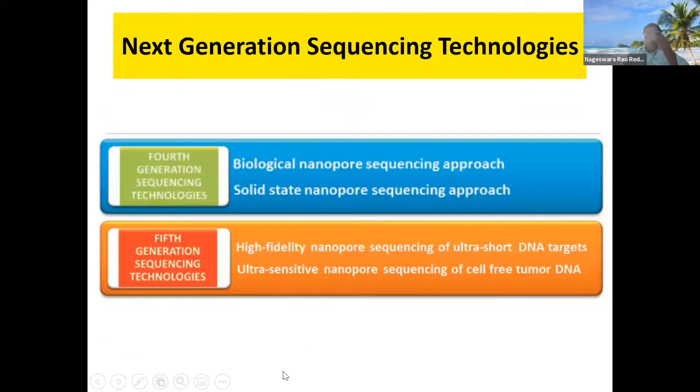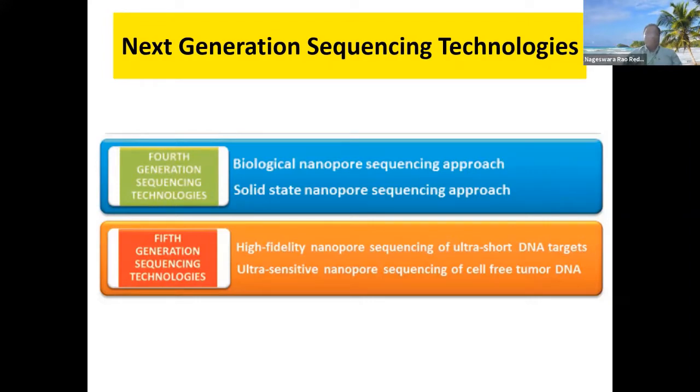Now see here the fourth generation, an improvement of the nanopore sequencing, which is known as biological nanopore sequencing approach and solid state nanopore sequencing approach. There are two technologies which are available in fourth generation. And in fifth generation, again a nanopore has been developed, and it is called high fidelity nanopore sequencing of ultra short DNA targets and ultra sensitive nanopore sequencing of cell-free tumor DNA.